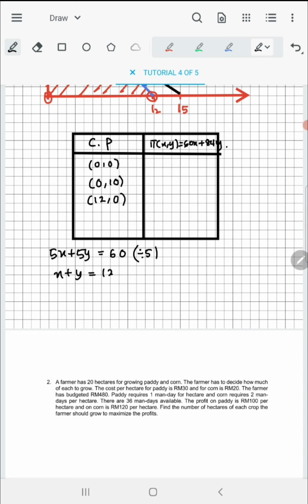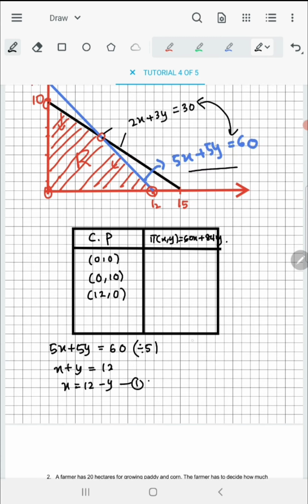Now we take this equation to substitute into the other equation. So x equals to 12 minus y is one equation, and then we substitute into 2x plus 3y equals to 30.